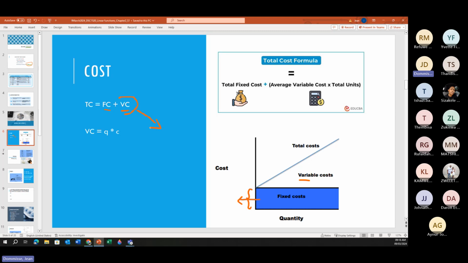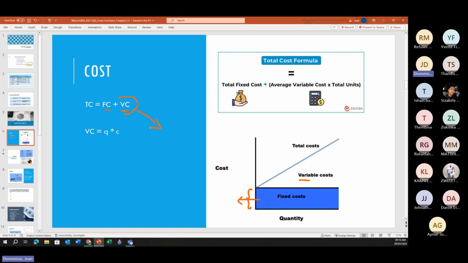So something like electricity will be a variable cost. An old example was always something like a telephone, because you don't know what your telephone expenses are.